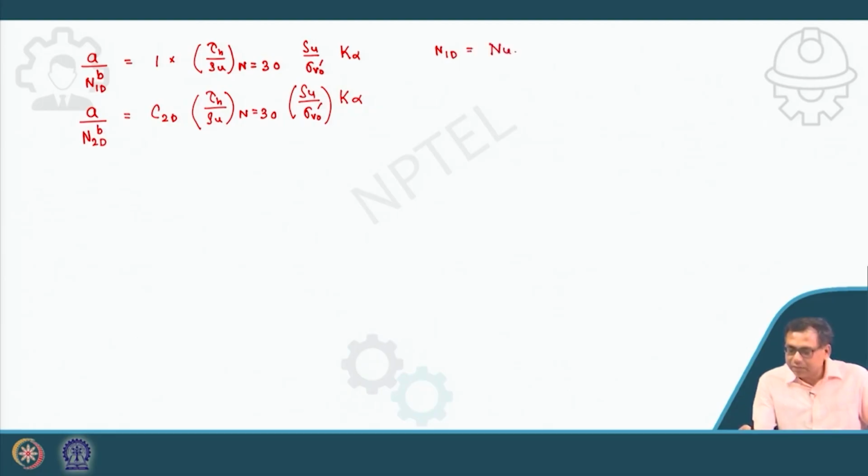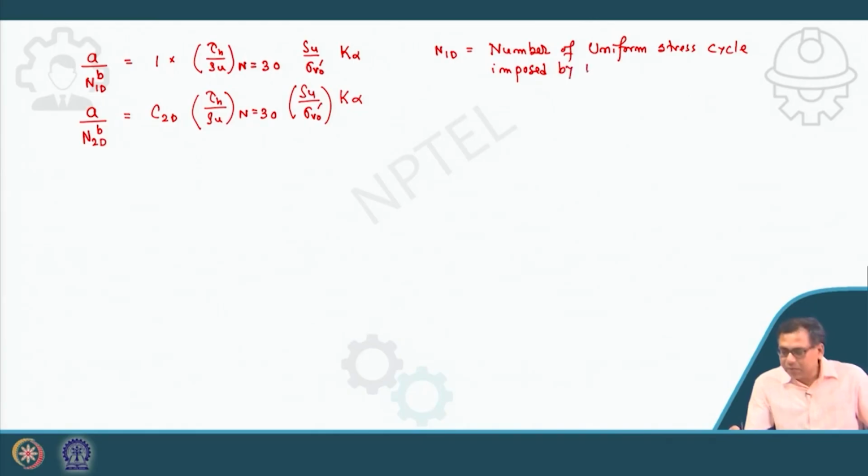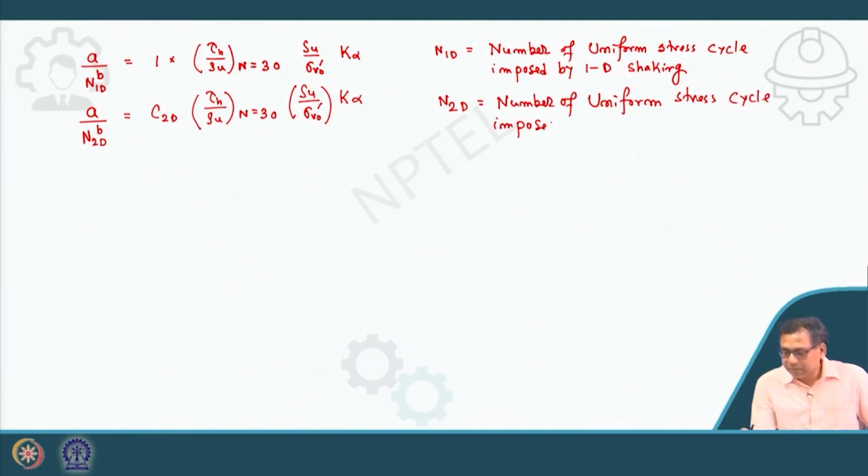N1D is the number of uniform stress cycles imposed by 1D shaking, and N2D is the number of uniform stress cycles imposed by 2D shaking. Clear?